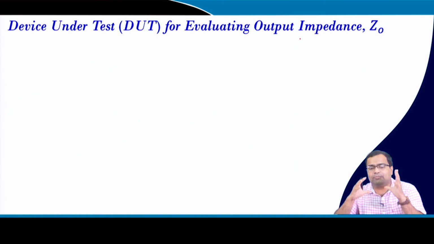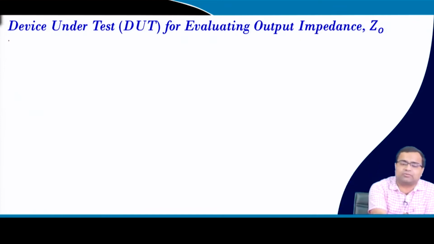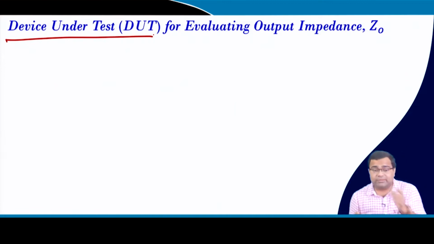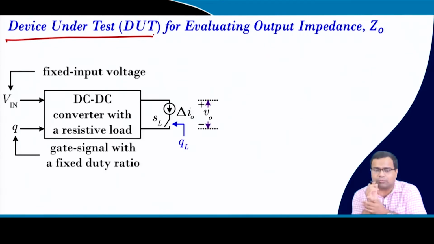Now, before we move forward, because we want to validate our model, whether the models we have derived are accurate or not, first we have to check, and that is why we are talking about the device under test. In fact, this test you can also carry out on the experimental prototype. So, how to check output impedance?